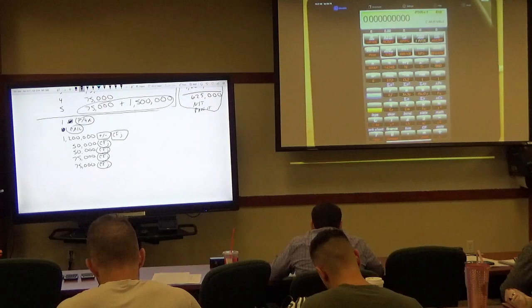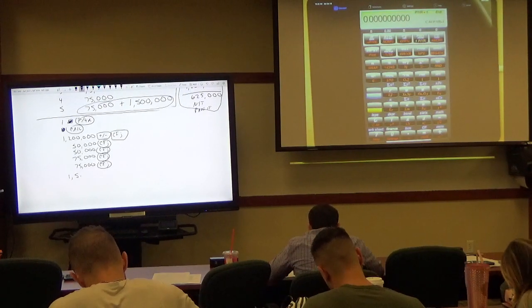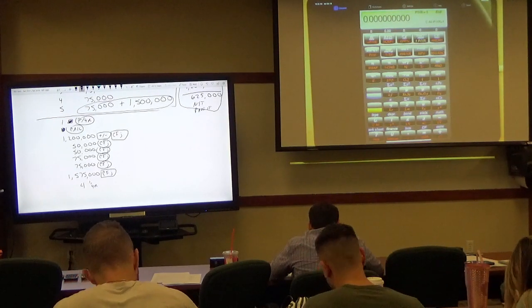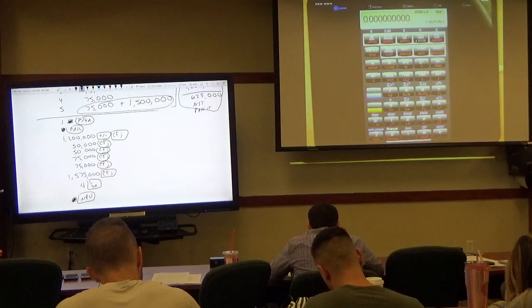So that would mean $1,575,000 as your final cash flow. Then you put in 4% as your discount rate. Then you're going to solve for net present value.